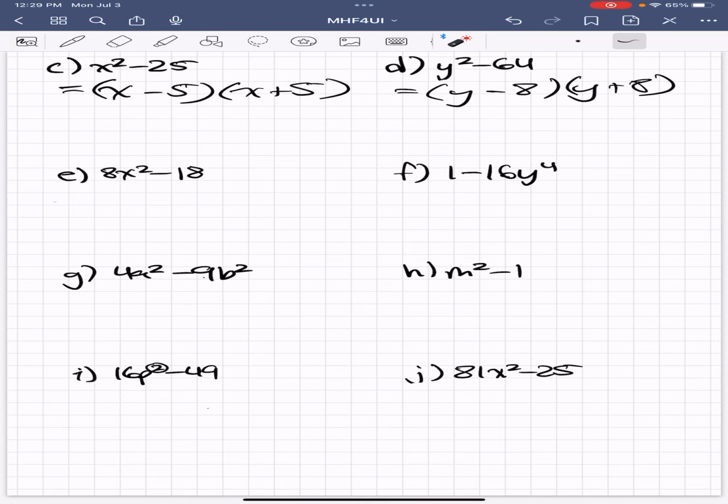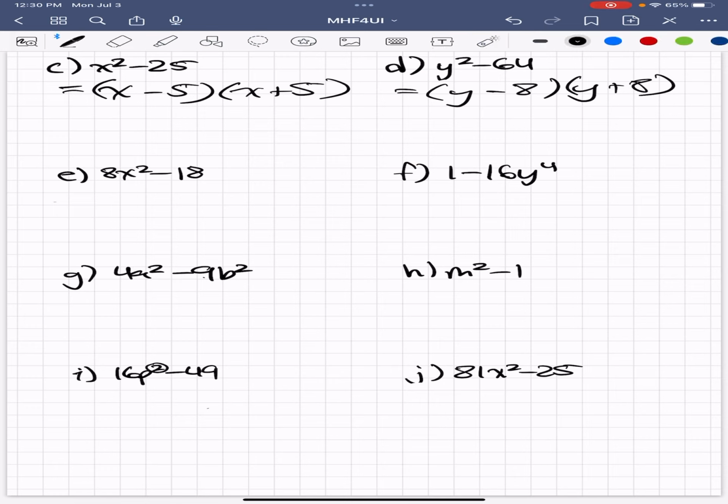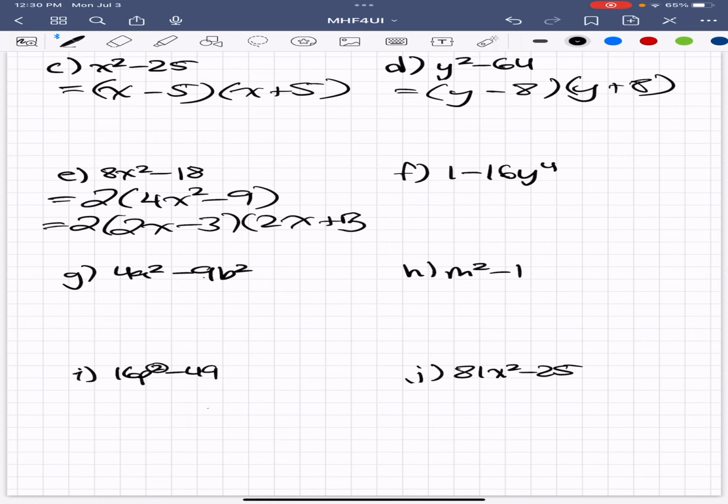With the lightsaber tool. Same with this one. And that's the same original expression. That's our original expression.